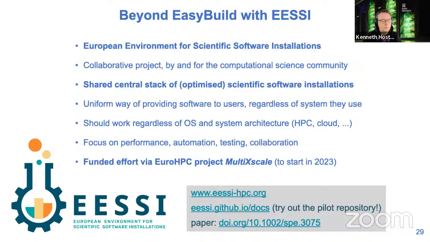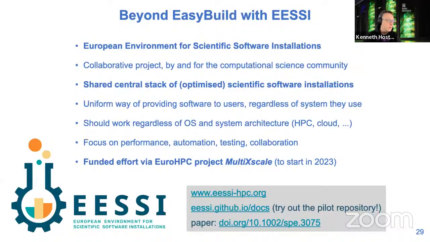So we know how to do this. We're following the lead of what Compute Canada is doing there with CVMFS and having a compatibility layer and all these things. And we want to make this a community project that basically grows from EasyBuild. But this is not going to replace EasyBuild. We're using EasyBuild as one of the tools in here to make this possible.